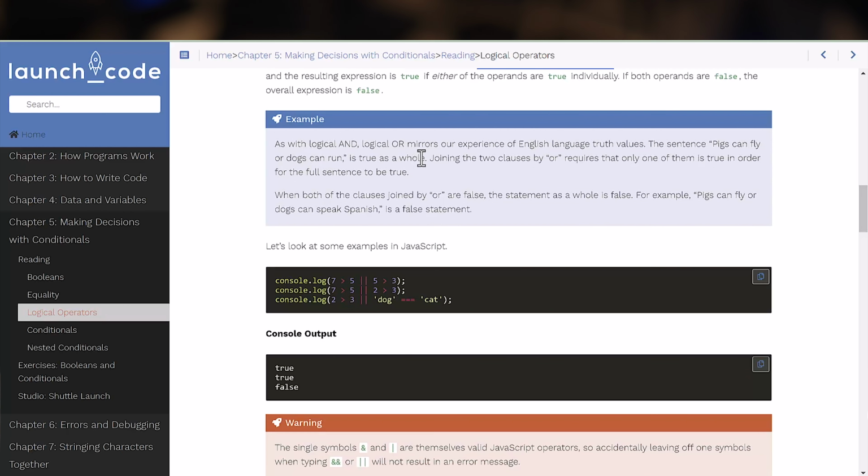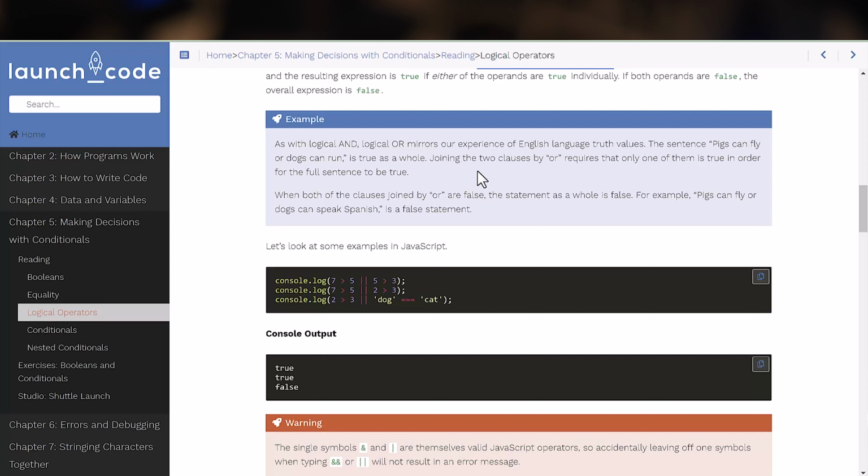This operator takes 2 operands and the resulting expression is true if either of the operands is true individually. If both operands are false, the overall expression is false.